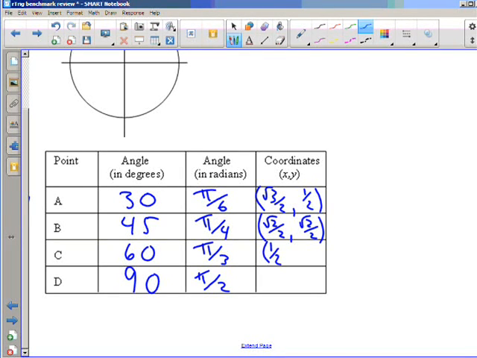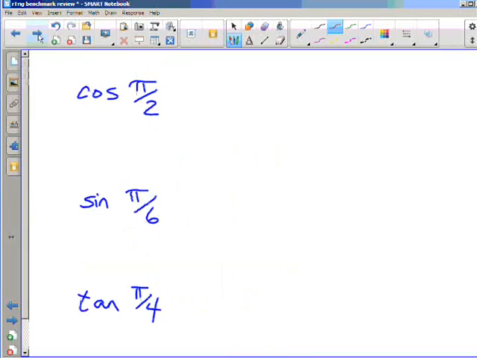And now it flips. The cosine is 1/2, and the sine is root 3 over 2, the longer side. And at 90, we have 0, 1. And you might want to throw in a 0-degree angle, which is still 0 radians, and its coordinates are 1, 0. Okay, try these. You might want to draw a unit circle and put a triangle there.